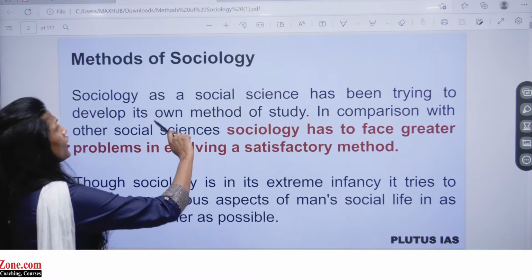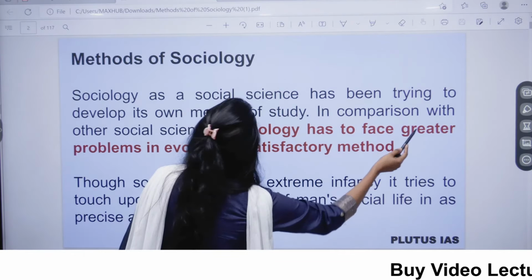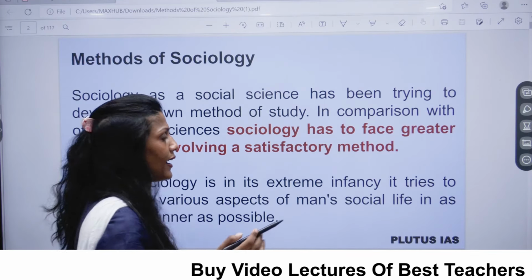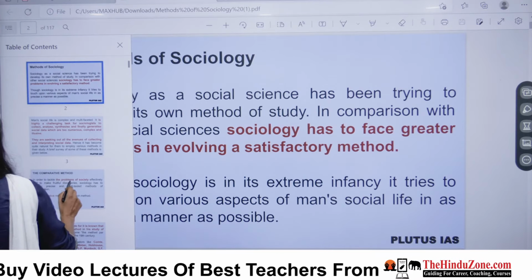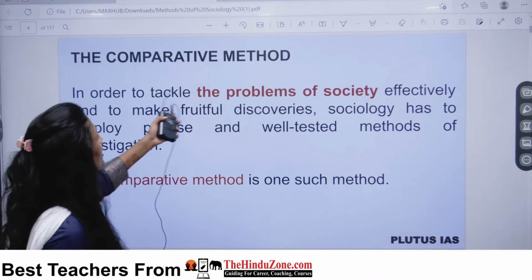So I will not talk about the methods of sociology. We have already talked about sociology, like what is the problem, why do we use different methods to find out the facts. ये सब आप लोग खुद पढ़ोगे. I will explain the methods. So we have a comparative method.